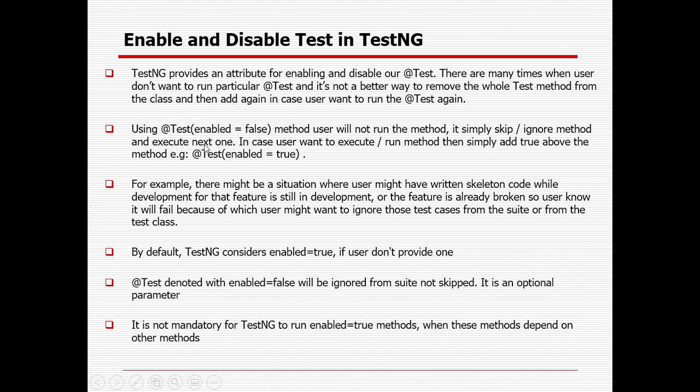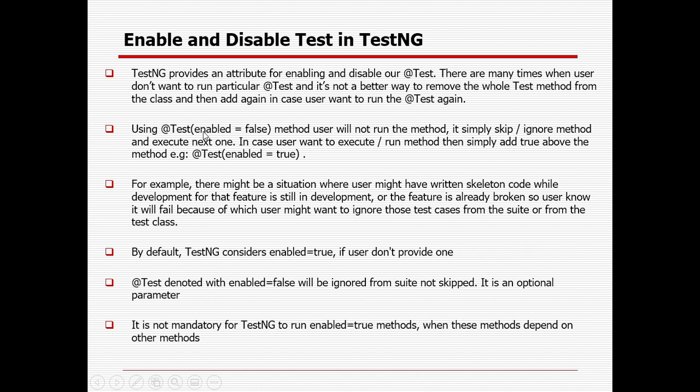Okay, so you can use that option, right? Within the test annotation we can use enabled equal to false if we do not want to execute it, or we can make it enabled equal to true, or in case we are not adding anything, by default it will take enabled equal to true, right?